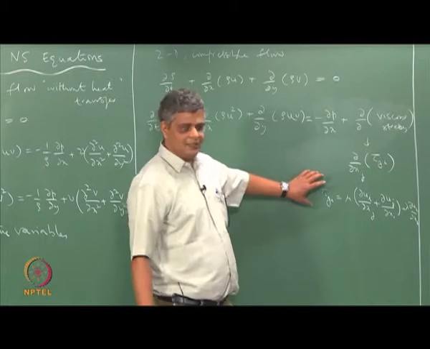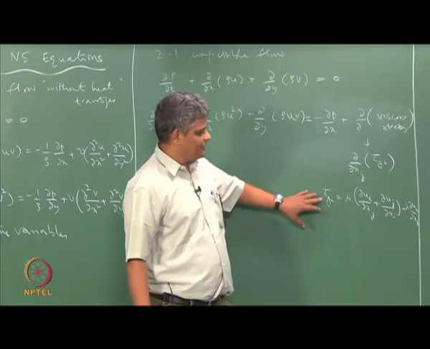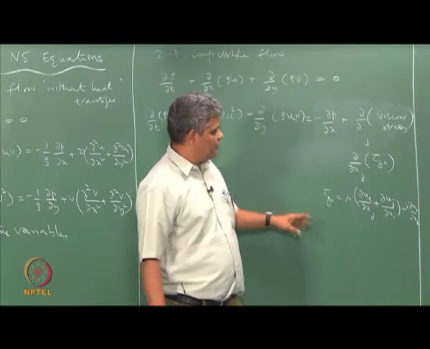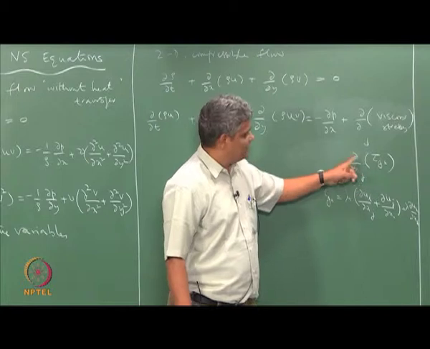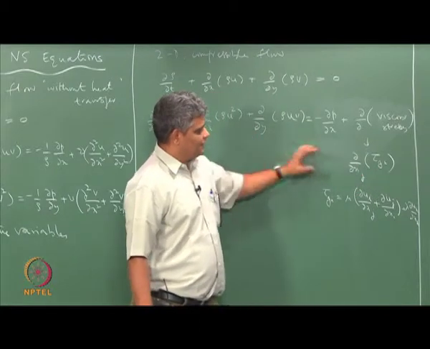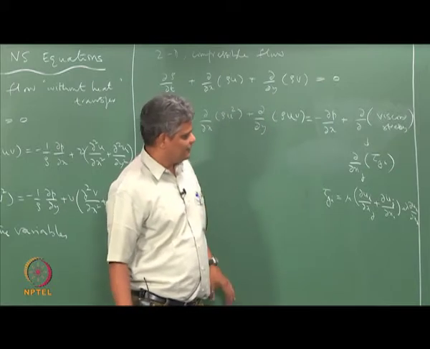Okay, so this is the viscous stress in the case of a Newtonian fluid, and this is the corresponding expression for the viscous stress in the x or y momentum equation here.